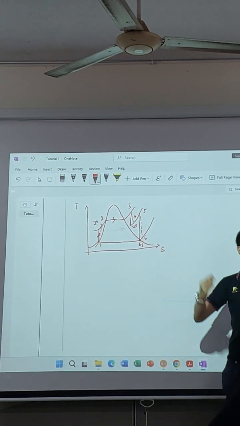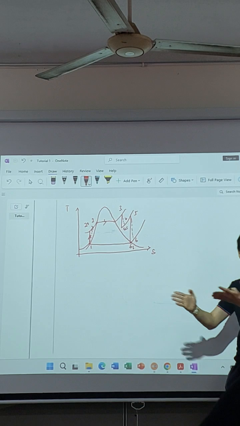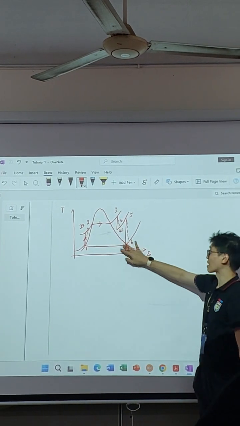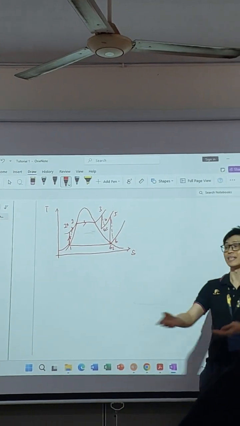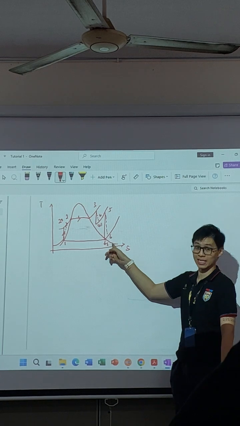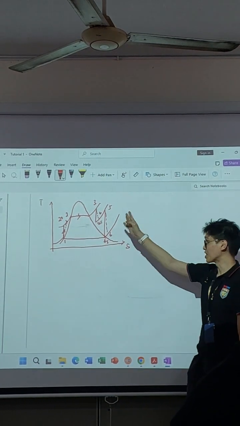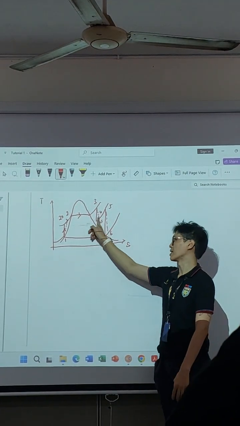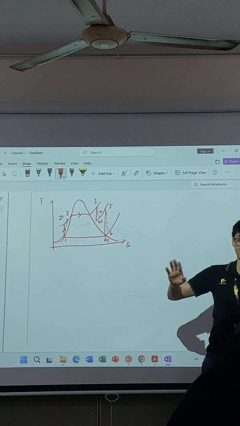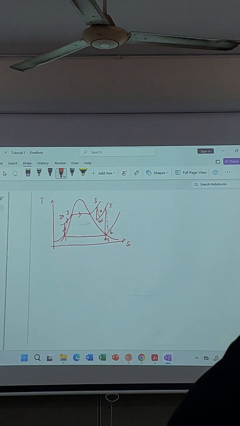Because the question says either one of them, you need to be careful of this. Of course, we are always looking at the actual version, which is like 4, 6, 8. These are just sketches. As long as I know which is which, it's fine.